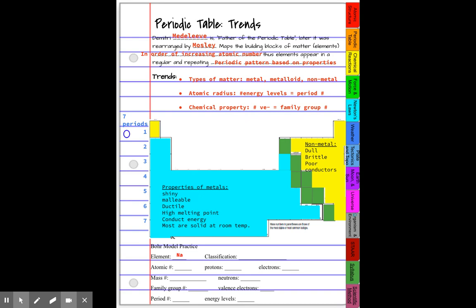All right, and then we wanted to just make sure you understand that the rows have to do with the period. So period 1 has 1 electron energy level. Period 2 has 2 electron energy levels. Period 3 has 3 electron energy levels. And period 4 has 4, and so on, except that you can see we're going to run out of space for drawing circles.